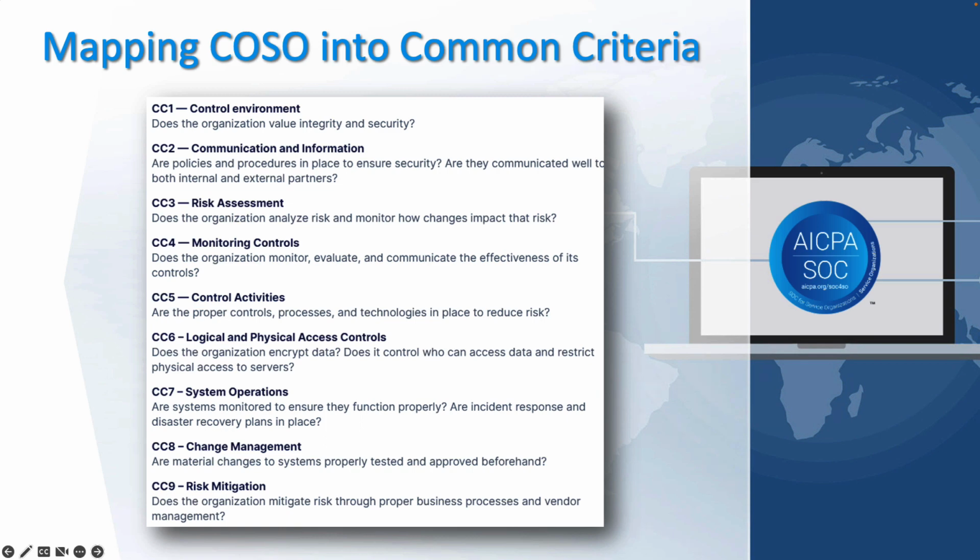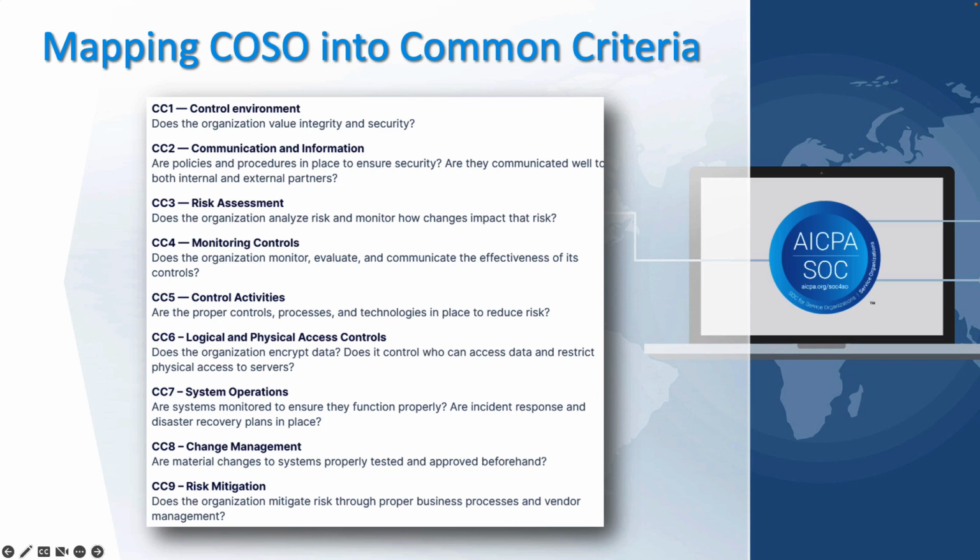The communications and information criteria, or CC2, includes the communication of relevant information, lines of authority, for example, boundaries of the system, and changes to internal personnel as well as clients of the service organization. The third one is CC3, which includes the demonstration that the service organization is assessing its risks, possibly impacting their operations, and putting plans in place to mitigate those risks.